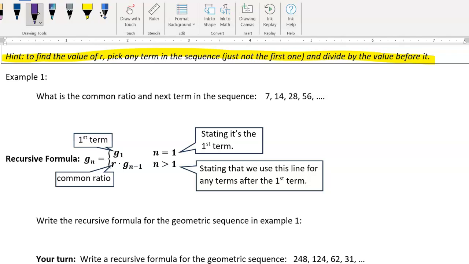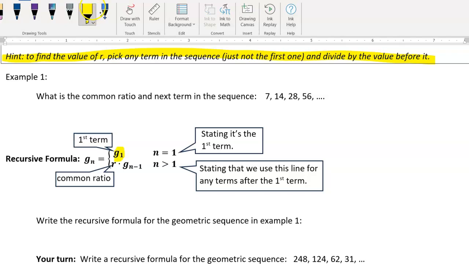Then off to the right, those things are just meant to make it clear what those numbers to the left are referring to. So n equals 1 is just stating that the number to the left is in fact the value of the first term. And then in the second row, we're going to take whatever the common ratio is and multiply that times the expression g sub n minus 1.